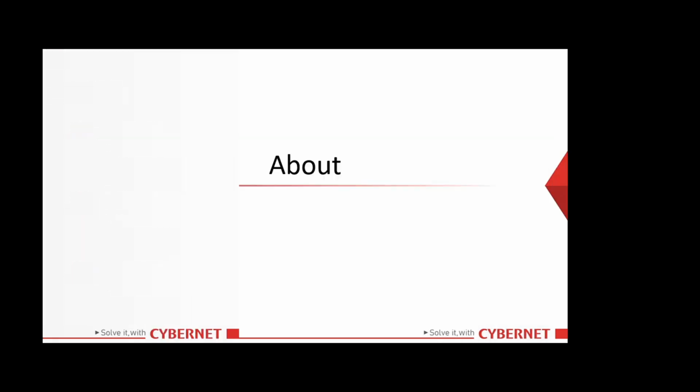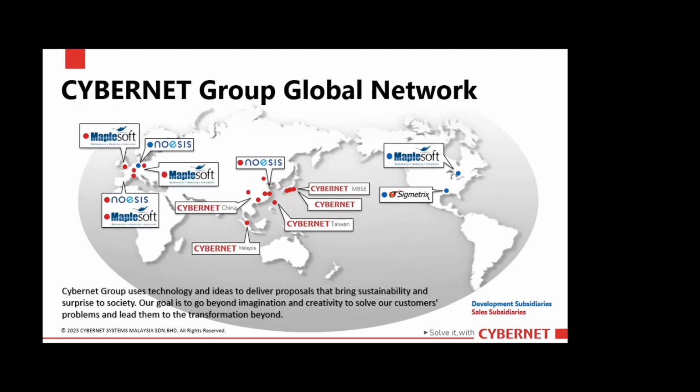Okay, let's start with the introduction about us. This map pinpoints the Cybernet group's global network. Cybernet Malaysia is a subsidiary fully owned by Cybernet System Company Limited, headquartered in Tokyo, Japan, established 38 years ago in 1985.